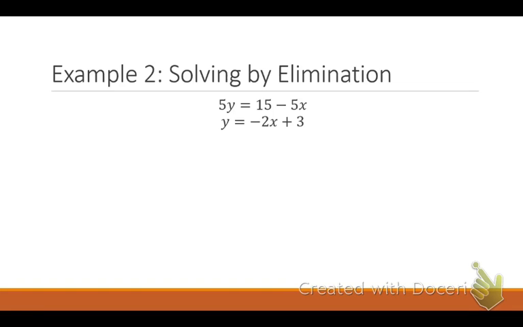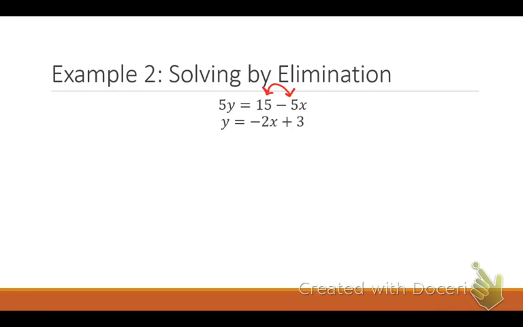Okay, I need to kind of rearrange this a little bit. Remember, the x's and the y's need to be lined up on the same side of the equation. So all I need to do is switch these two around, okay? So let's go ahead and do that.